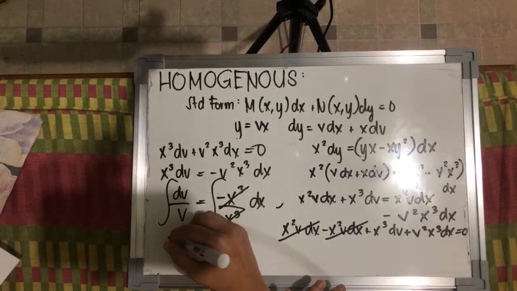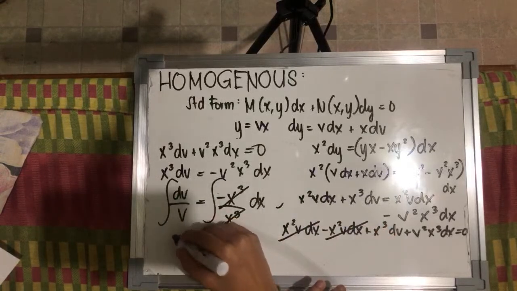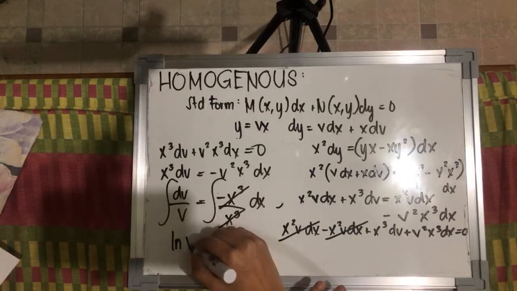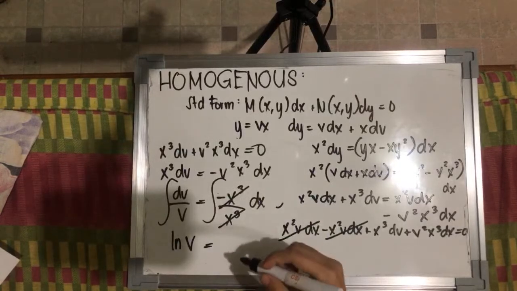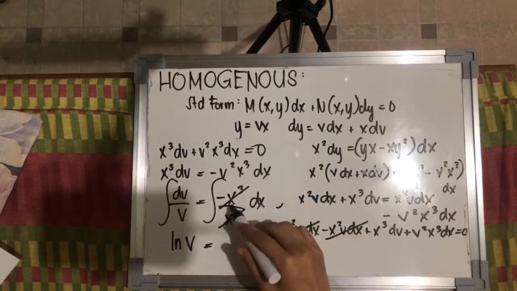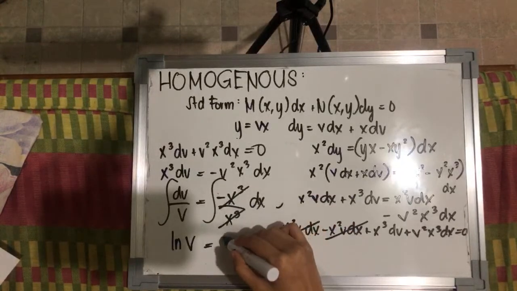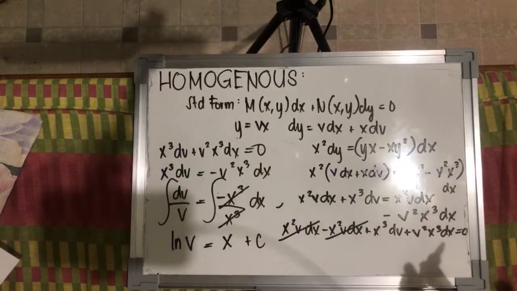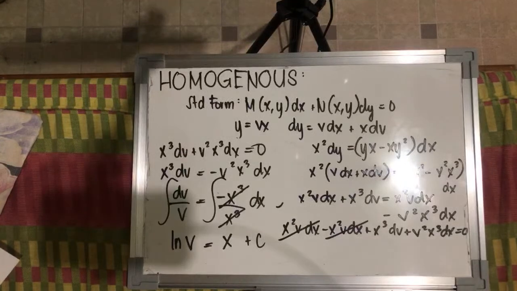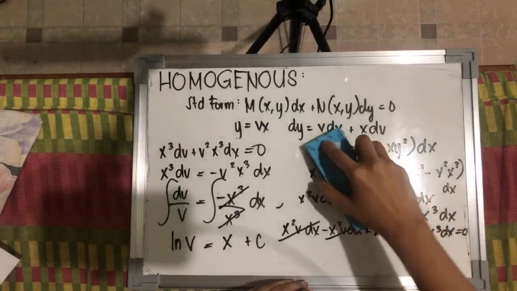Ito magiging ln of v. At ito, so, negative 1 dx, magiging x plus c. So, purahin ko lang to.